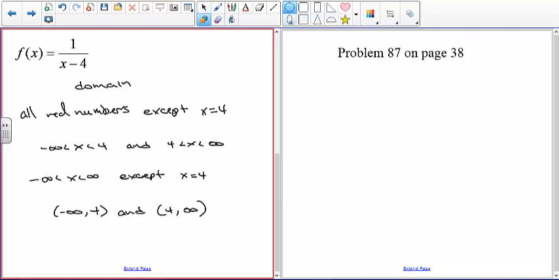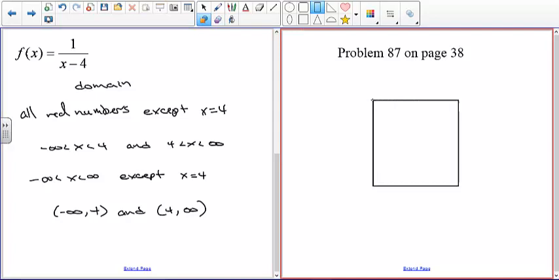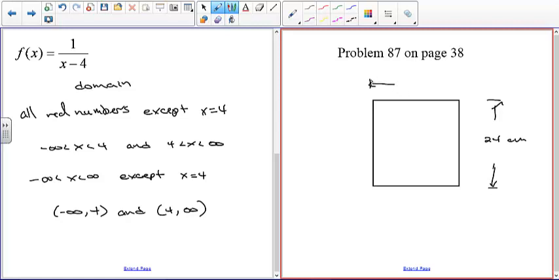So it's made of a square material, and this dimension here is 24 centimeters, and this dimension is 24 centimeters.